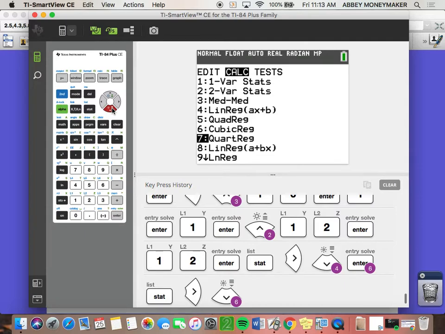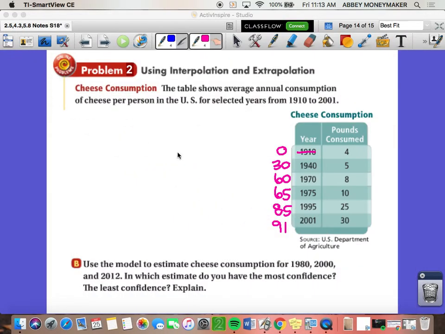Let's run the quartic. Did the quartic give us a correlation coefficient of 1? 0.99. 0.9998. Okay.